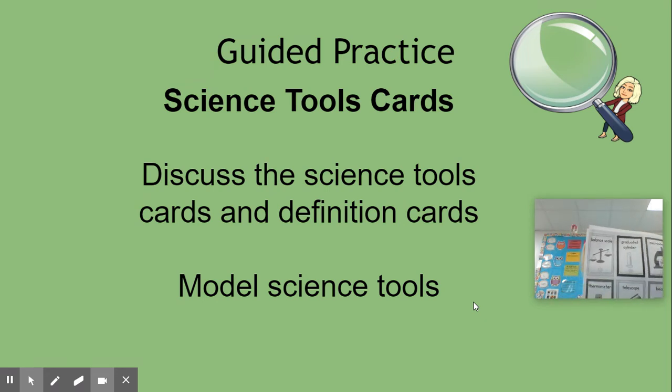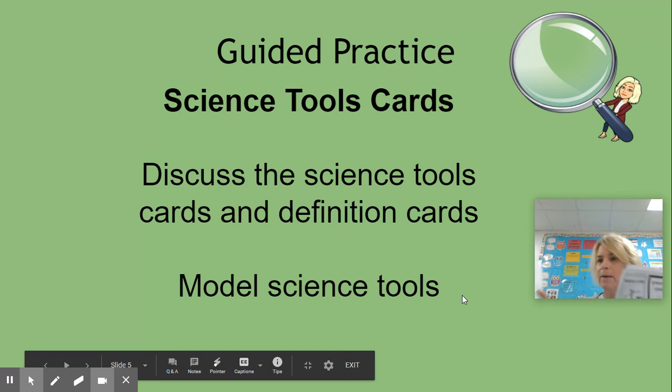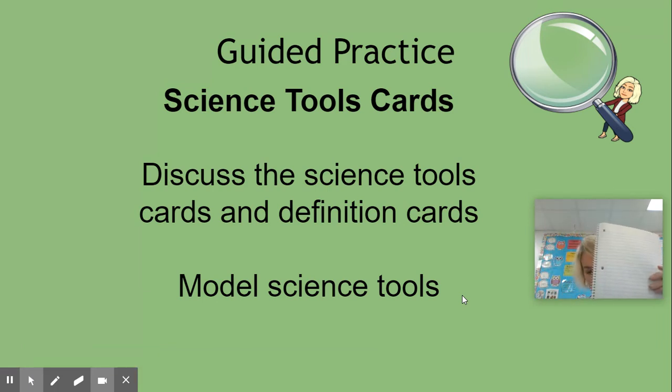Then match them up, and glue them side by side in your science notebook. Put the picture on the left and the definition on the right. You'll probably be able to get maybe 2 on each page.